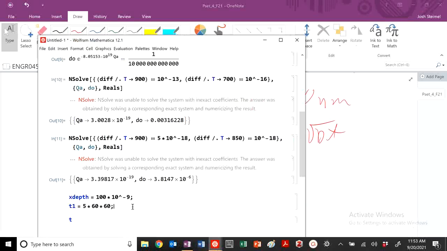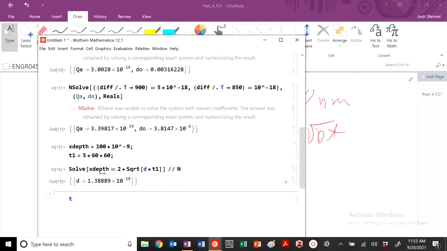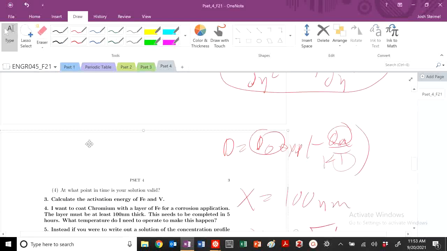So let's go ahead and solve x depth equals 2 times square root of D times t1. And let's look at this numerically. So my diffusivity has to be at least, that's the lowest diffusivity, 1.38 times 10 to the minus 19. And we're coating it with iron.